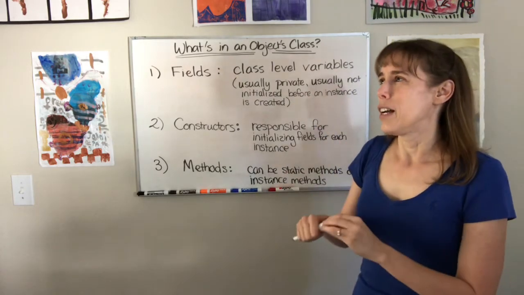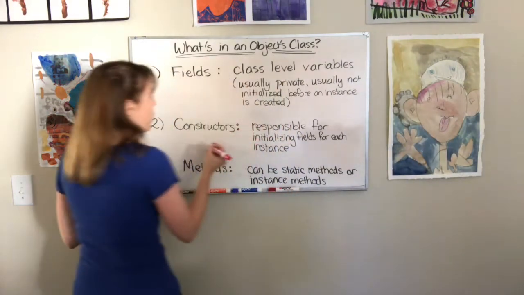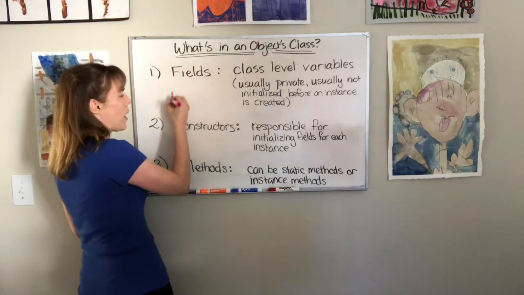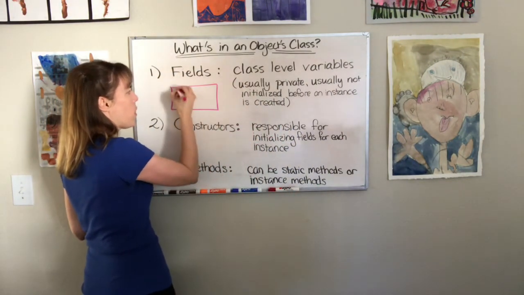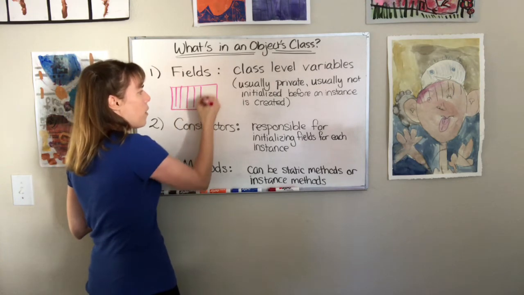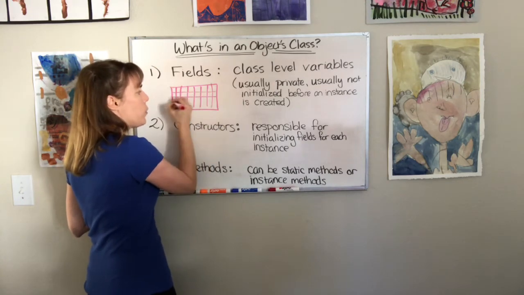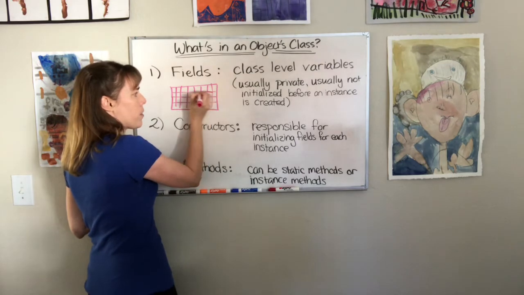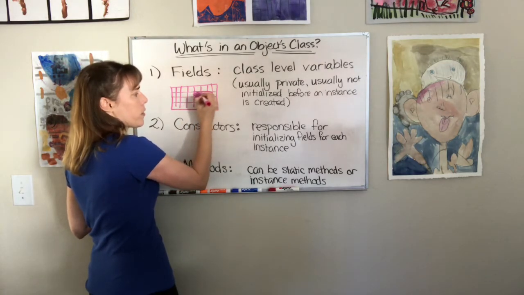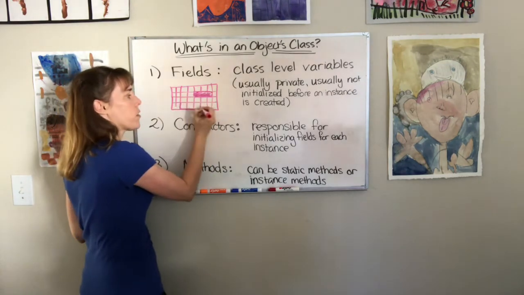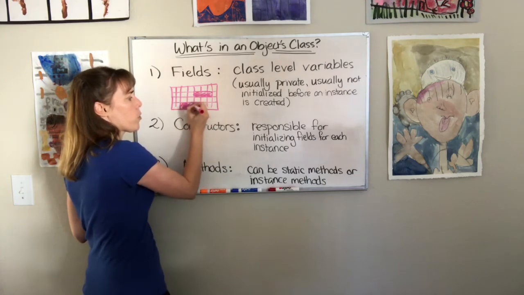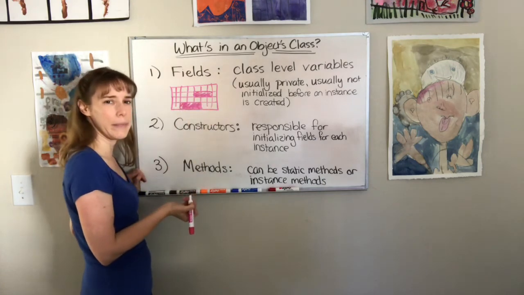There are times where you might want to, but I guess you should think about it this way. You've got all of these spots out in memory, right? And you've initialized Jabby the Jabberwock to live right here. Okay, that's Jabby the Jabberwock. And then there's another Jabberwock whose name is George, and George is over here, right?